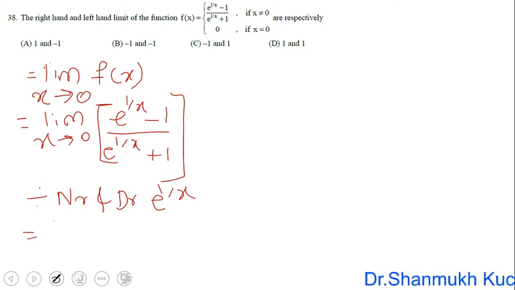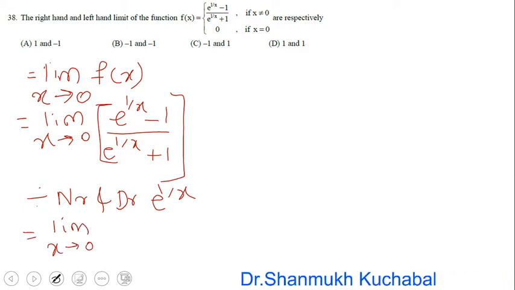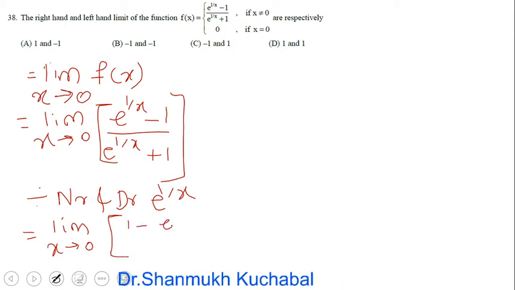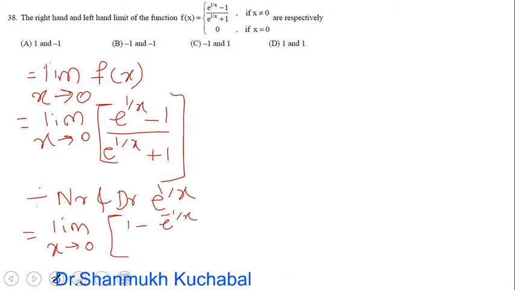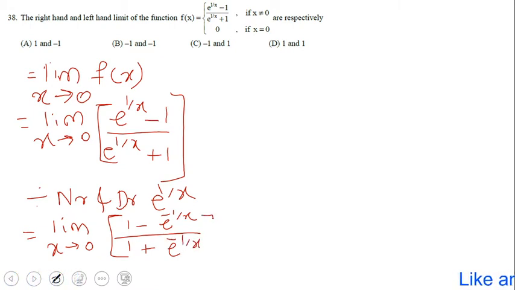So we get the limit as x tends to 0 of 1 minus e raised to minus 1 by x, divided by 1 plus e raised to minus 1 by x.